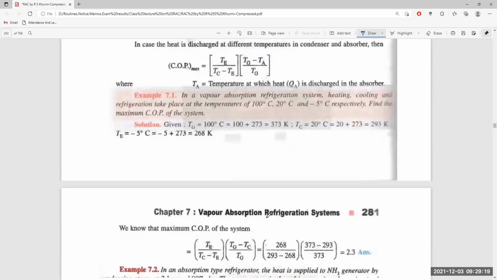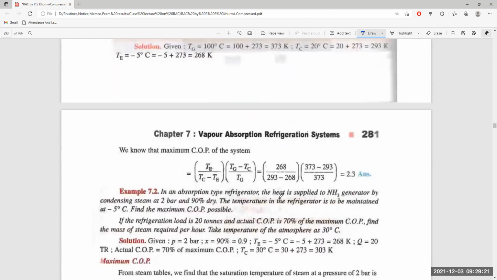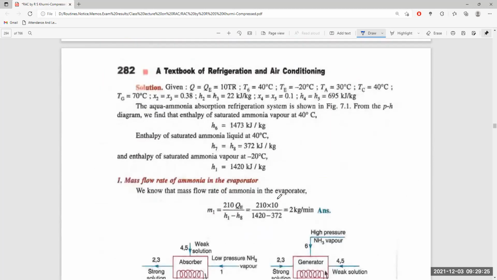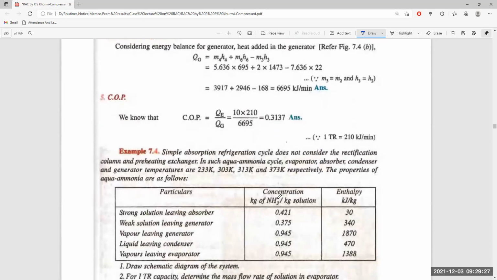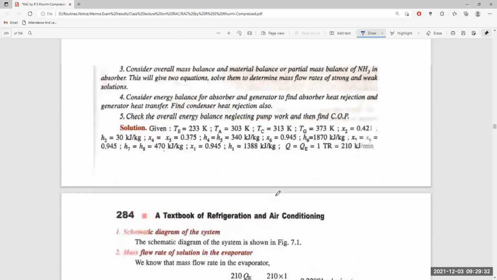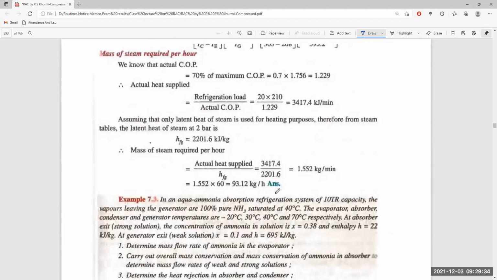Now, in the vapor absorption refrigeration system, let us go through a few practical problems. We have here four or five problems. Let's go through them one by one.